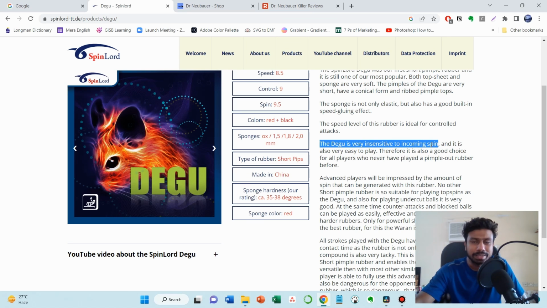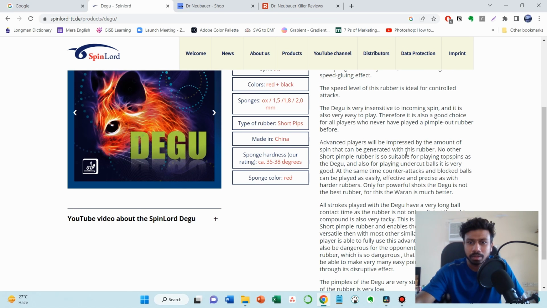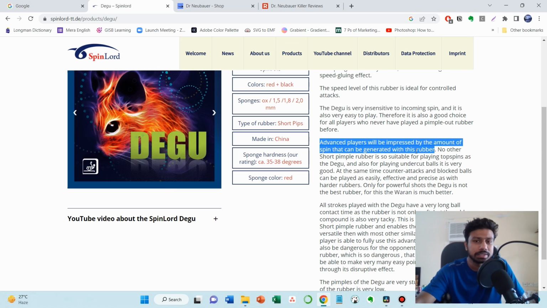So it negates any spin of the inverted rubber. Plus at the same time, advanced players will be impressed by the amount of spin that can be generated with this rubber. So not only does it negate the spin of the incoming rubber, it can also generate its own backspin and topspin.